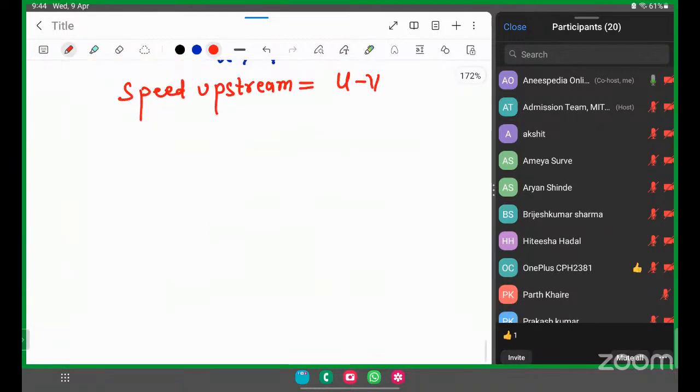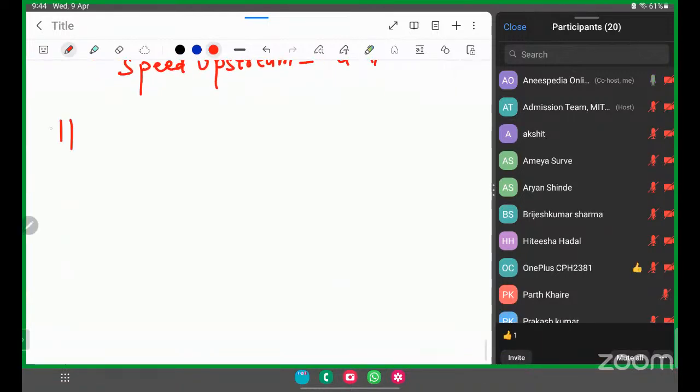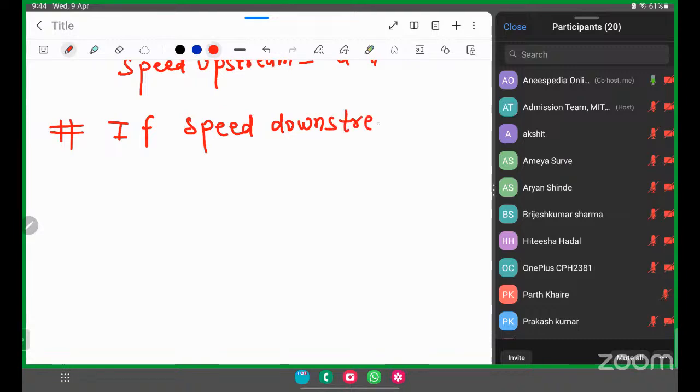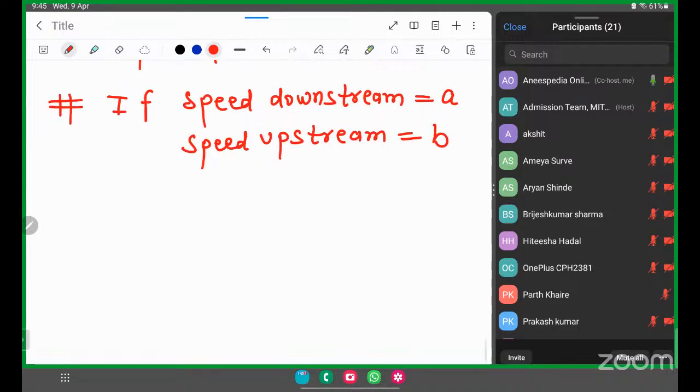Okay, next point is: if the speed downstream is given to us as a kilometer per hour and speed upstream is b unit, then what will be the speed of the boat in still water?